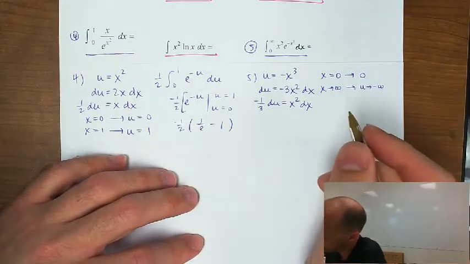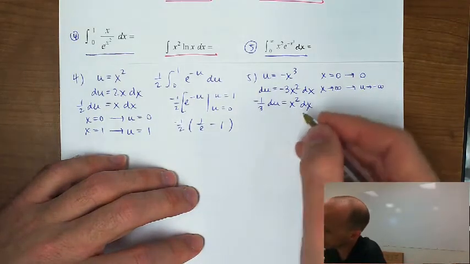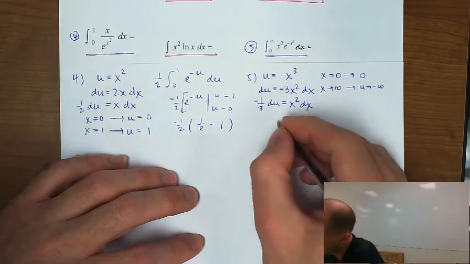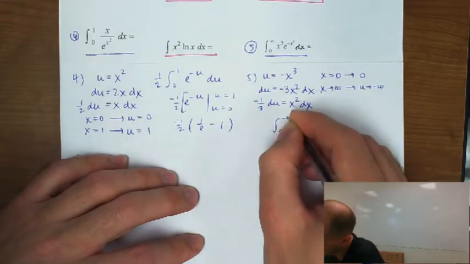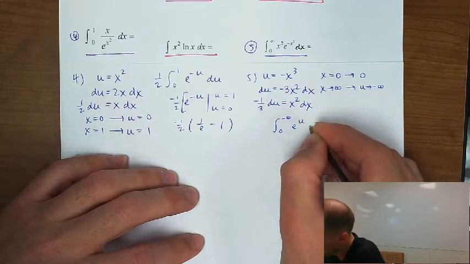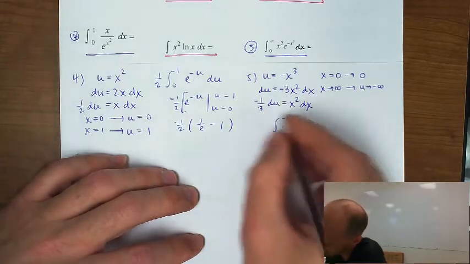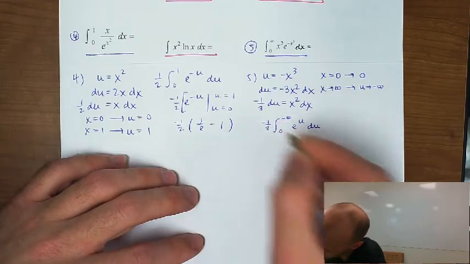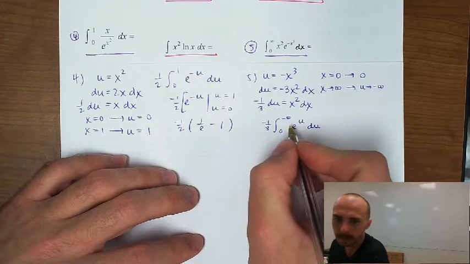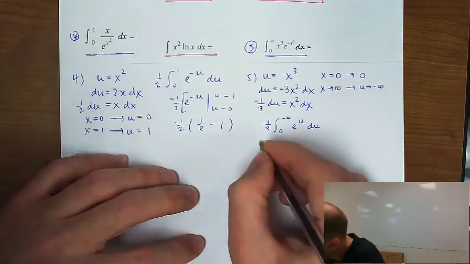All right, so now this is the integral from 0 to -infinity of e to the u du multiplied by negative 1/3. The antiderivative for e to the u is e to the u.